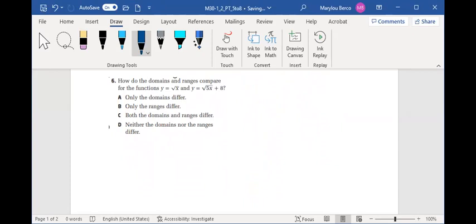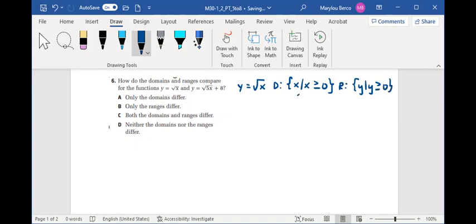Okay, well, for y equals root x, the domain is x such that x is greater than or equal to 0, and the range is y such that y is greater than or equal to 0.